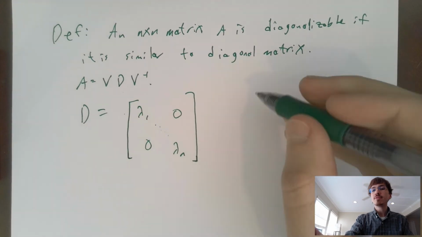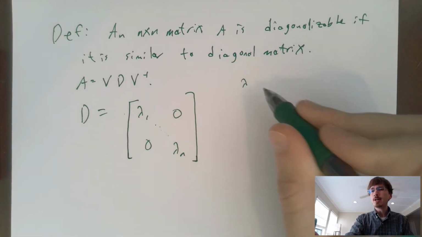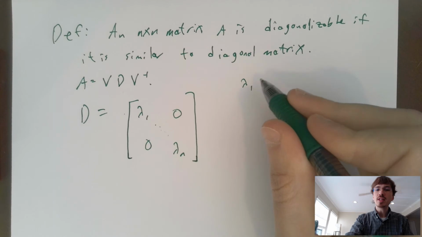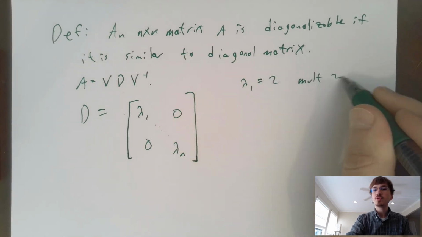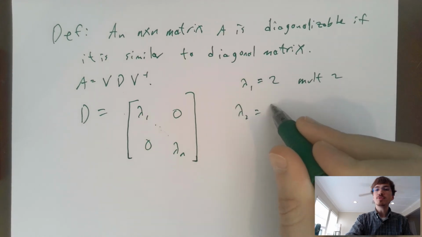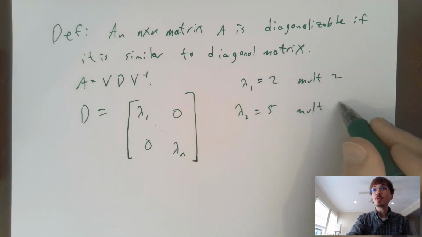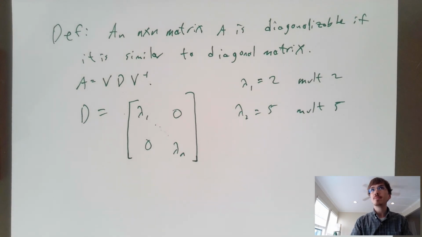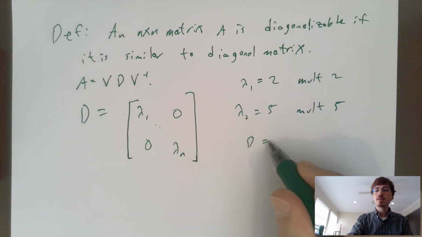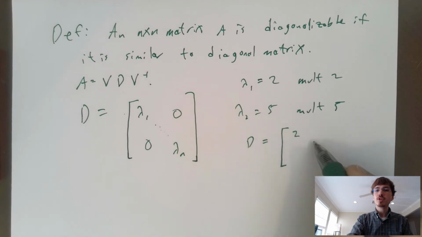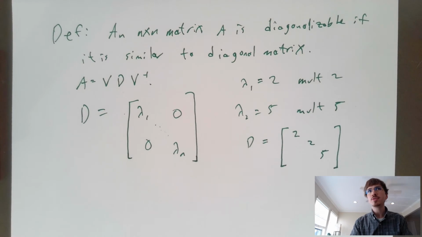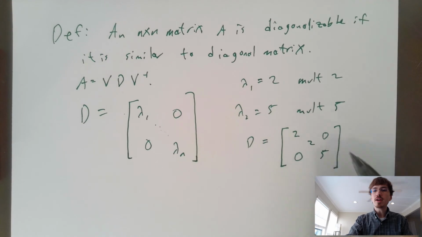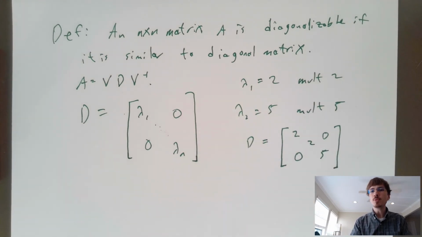Let's say we have a 3 by 3 matrix, and lambda 1 is equal to 2 with a multiplicity of 2, and lambda 2 is equal to 5 with algebraic multiplicity 1. Then what would D be? D would just be the matrix with diagonal 2, 2, 5. The order won't matter for us, and we'll see how to fix that in a second. But you just repeat the eigenvalues according to their multiplicities and put zeros everywhere else.